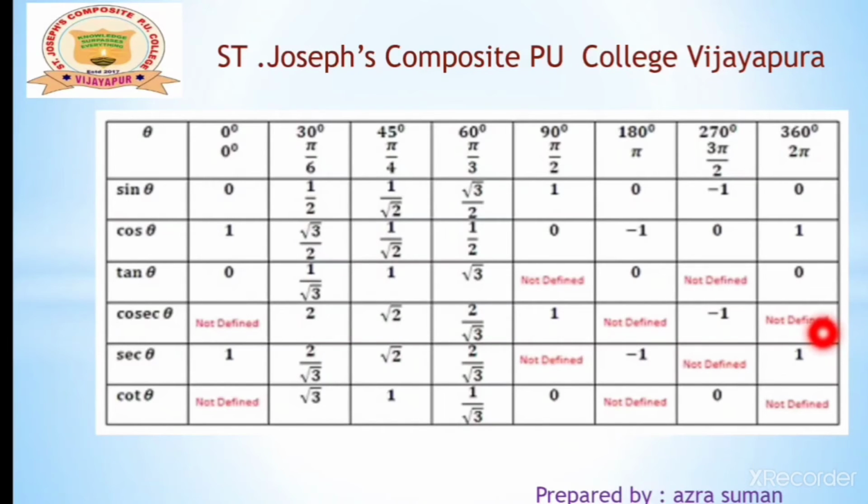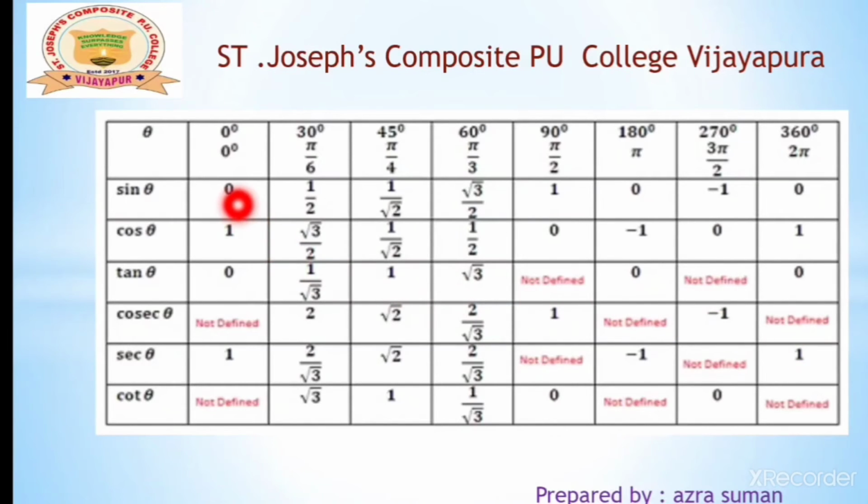And here we know that 1 by 0 is not defined, which is infinity. That is, the reciprocal of 0 is not defined. And 0 by 1 is again 0.